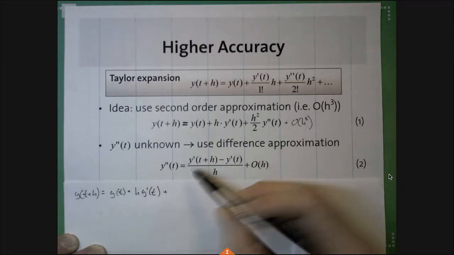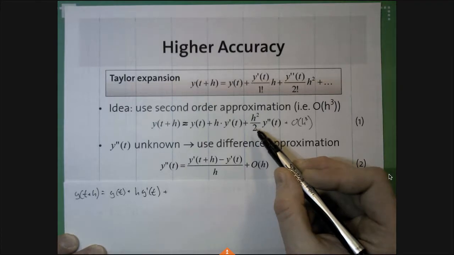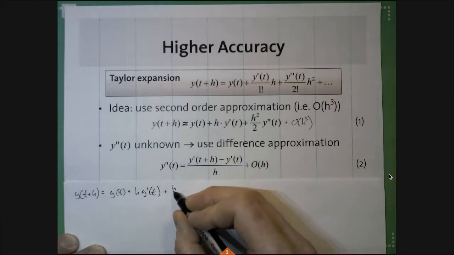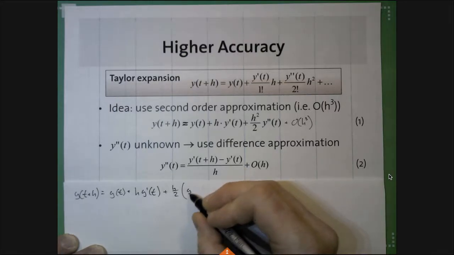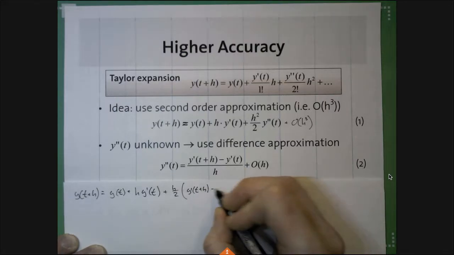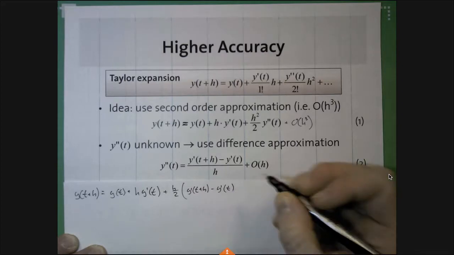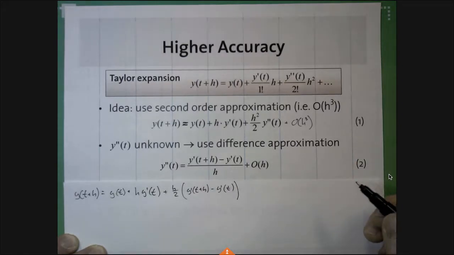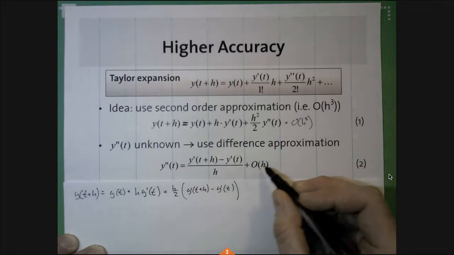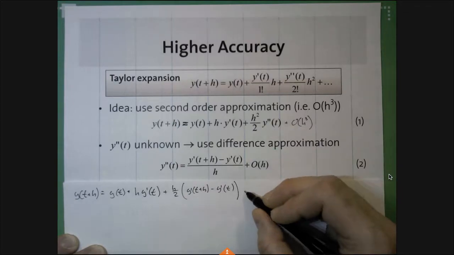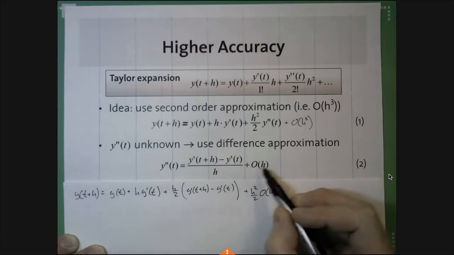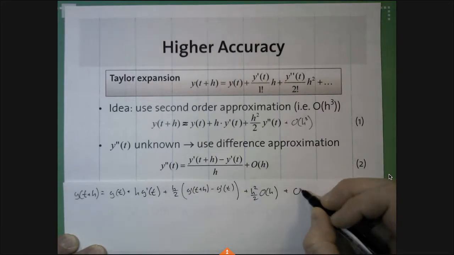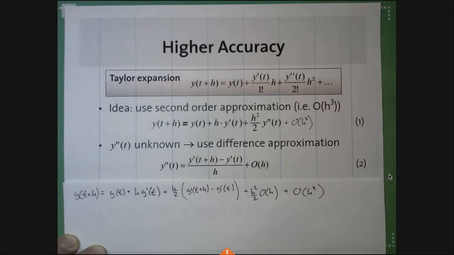Plus, and what I have here, h squared divided by 2 divided by h, so it will be h over 2, and then I will have y prime(t plus h) minus y prime(t), okay? And this O(h) gets multiplied by the h squared, so this is h squared times O(h), that's this O, plus the original O(h cubed), okay?